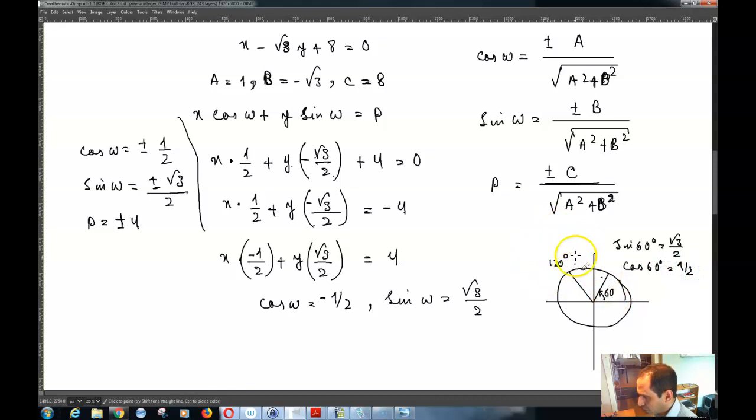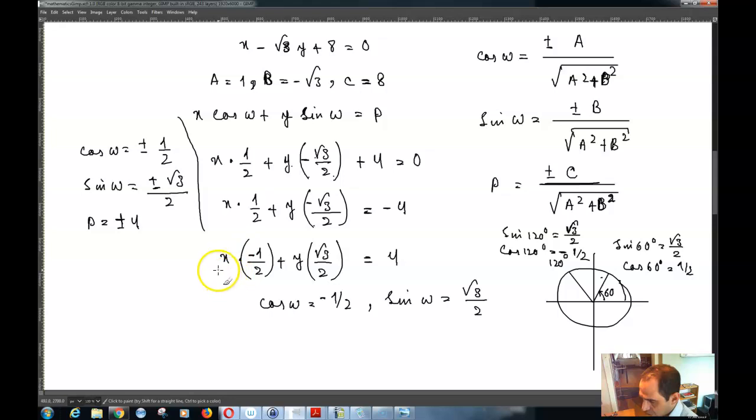Now about 120 degrees, the sine of 120 degrees is equal to square root of 3/2, the same thing, but the cos of 120 degrees is equal to -1/2, which is exactly what you're looking for. So then the angle that you choose is 120 degrees.